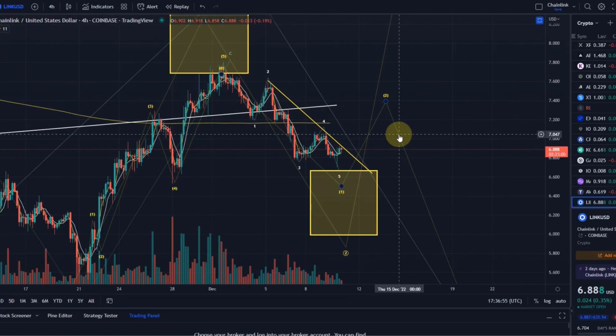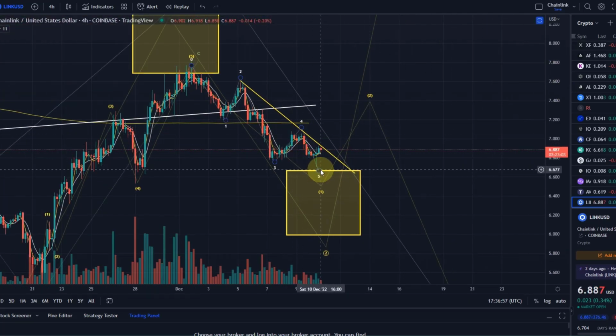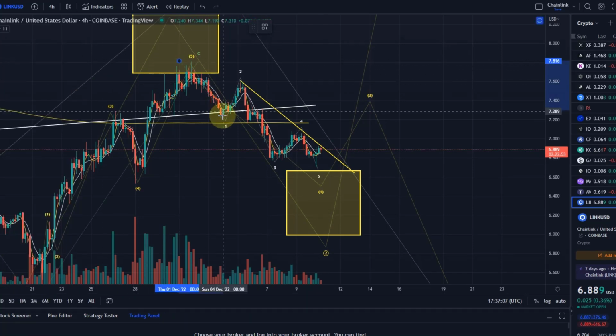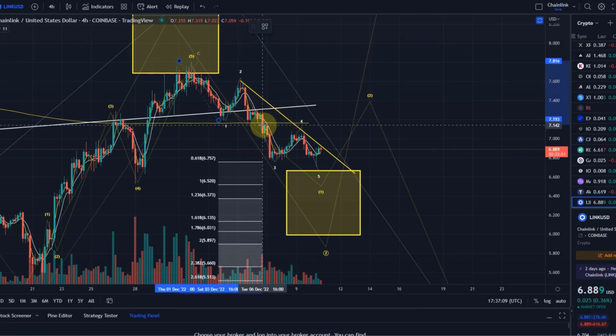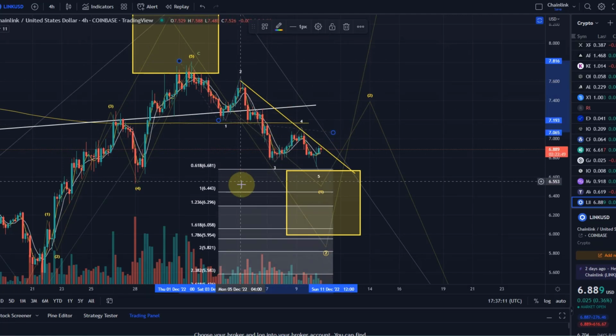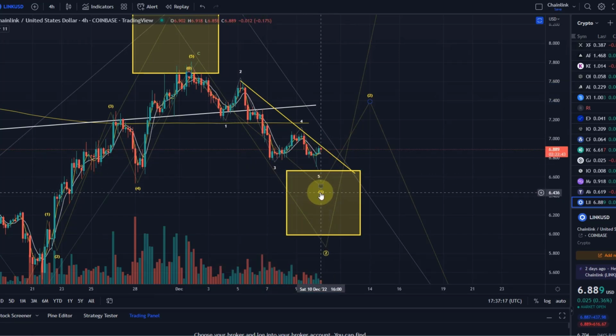Because this wave 5 is a bit short, it is valid, but it did not reach the ideal target. What would you normally expect? You would normally expect the 1-to-1 ratio at least at 644. That would certainly be an ideal target for the 5th wave. Because we haven't reached it, my assumption is that we are still going to come down and reach it.